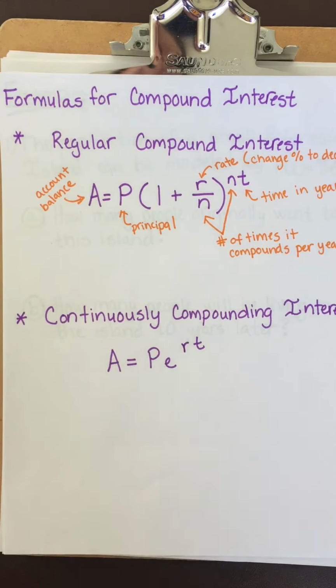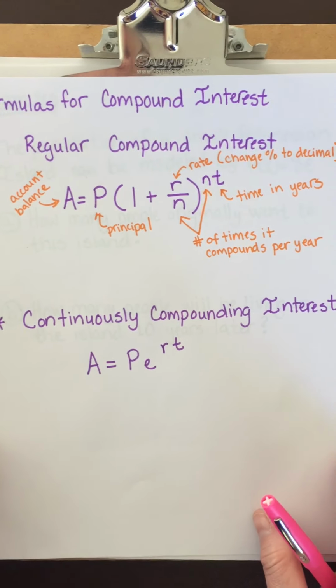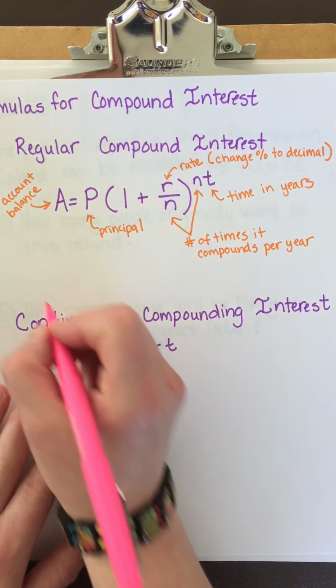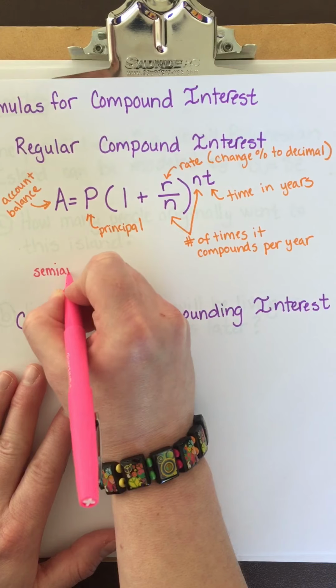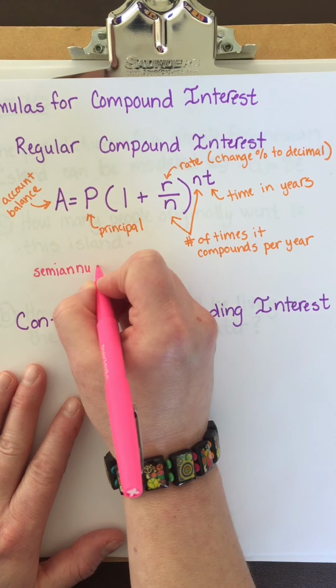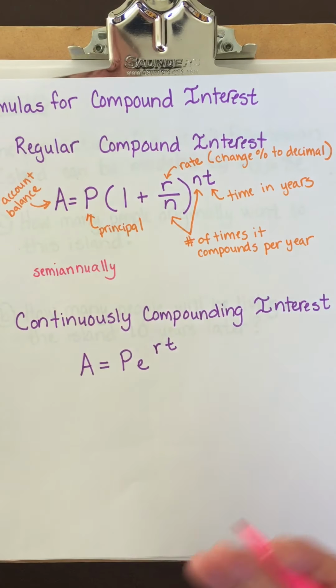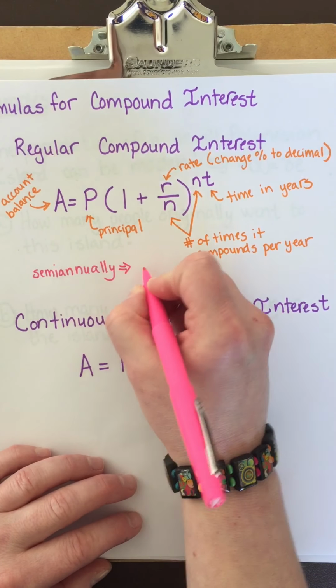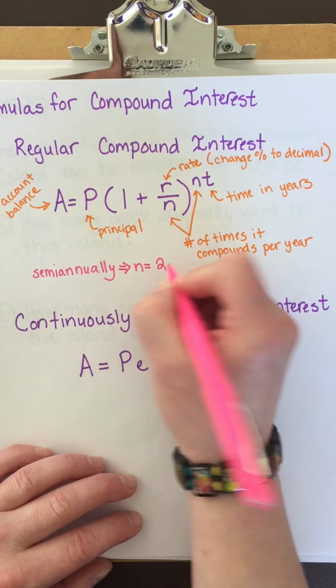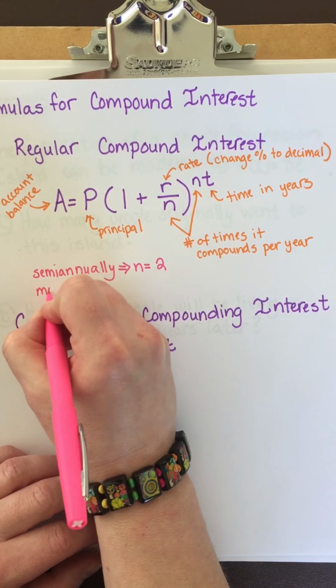All right, so let's talk just a little more about n. Some words that are very common in these types of problems are semi-annually. When you see semi-annually, that means twice a year, so that would mean that we use n equals 2. Monthly.